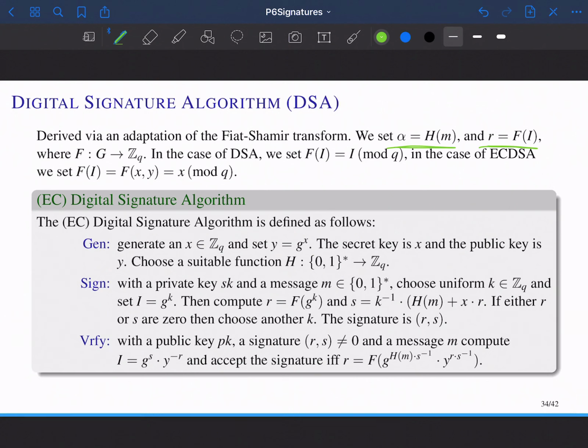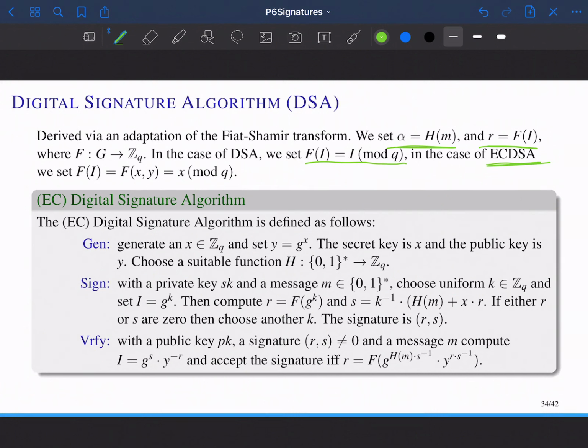And that's kind of handy because for just the standard DSA, f of I doesn't really do anything because I is an element mod q anyway per se. And so it just retains this structure in the case of a different group perhaps sitting underneath where the actual secret key and public key live in. So in the case of ECDSA, where this would be an elliptic curve group, we have a slightly modified version of f.